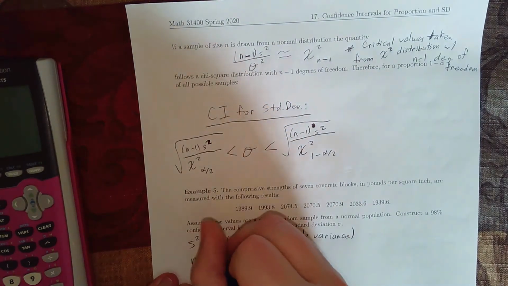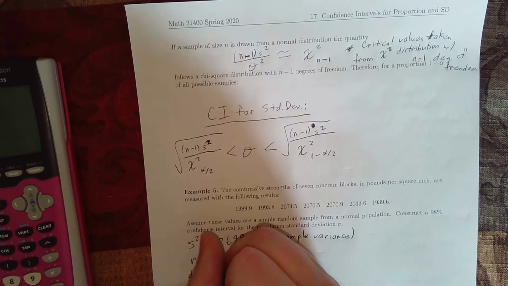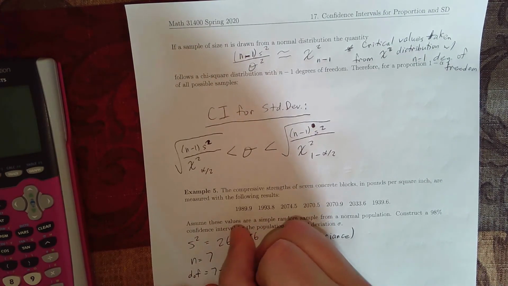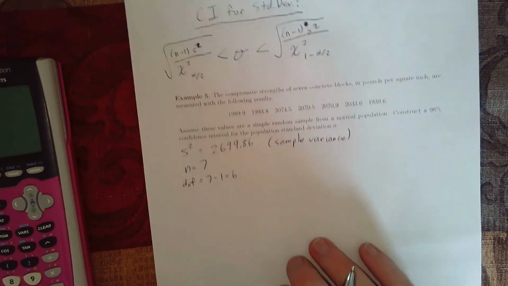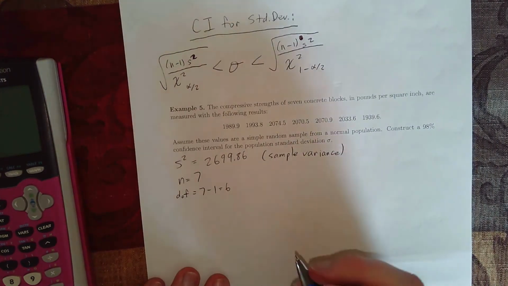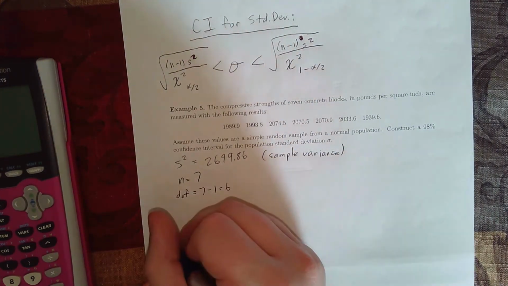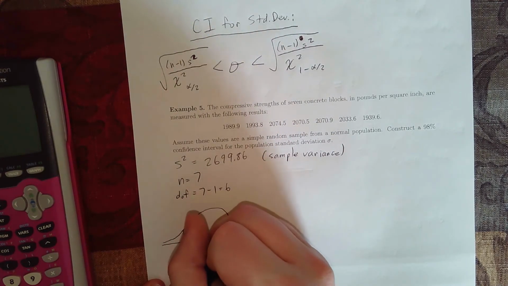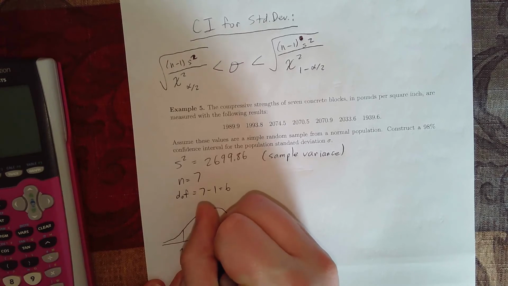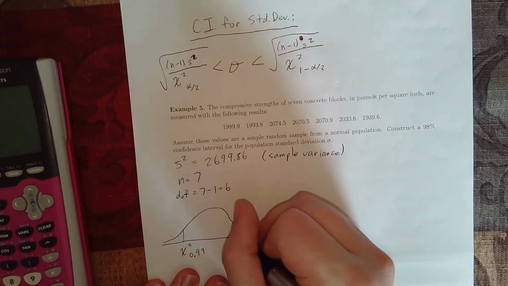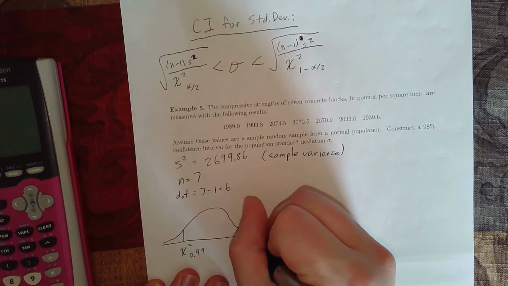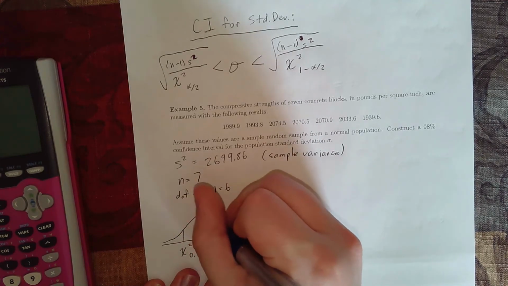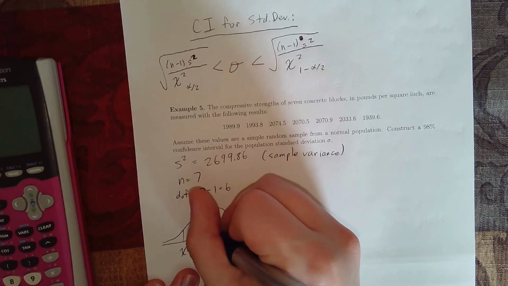Our n is equal to 7, so our degrees of freedom is 7 minus 1, which is 6. And so looking at how we would normally draw our curve, we'll have a chi-squared value of 0.99 on the left, a chi-squared value of 0.01 on the right, and 98% sitting here in the middle.